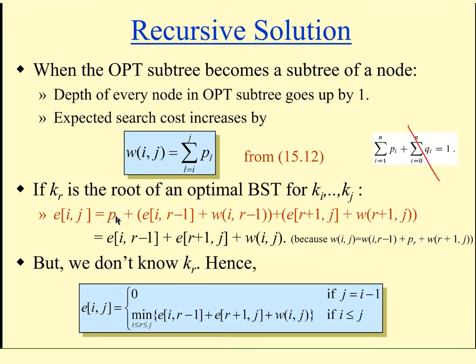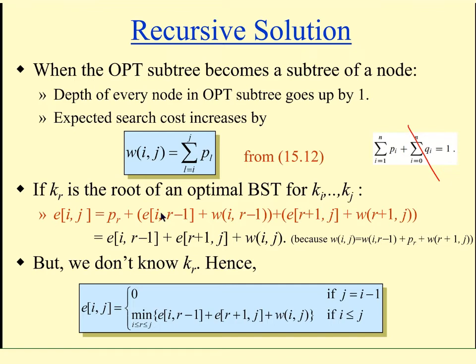The first one is the root node cost, okay? We reach it with some probability, we stop there, and that's the probability for it, so it already finds the answer. And then you may reach the left or reach the right. If we reach the left, this is the optimal cost for the subtree itself.